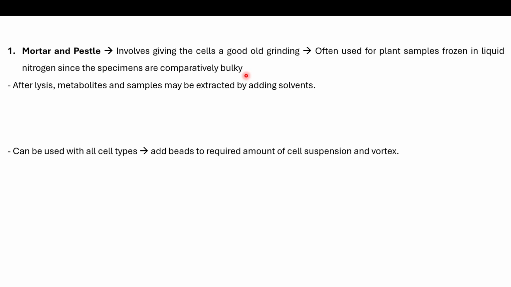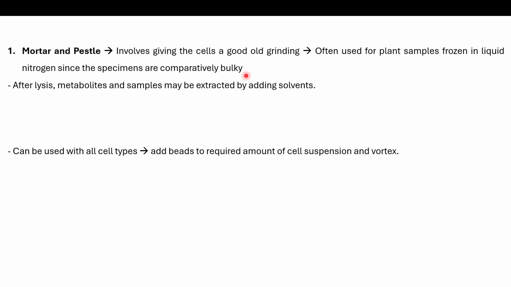So what happens here is you put it in liquid nitrogen, which exists at approximately minus 192 degrees Celsius. Freezing the sample at such low temperatures will make it very brittle. So rather than having soft tissues, you can freeze it nicely and eventually crush it because it becomes brittle.